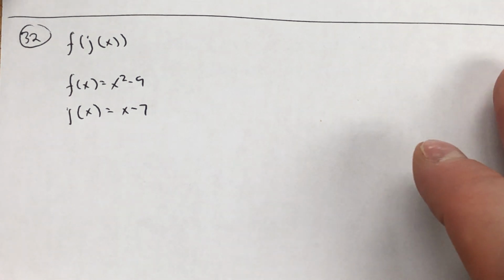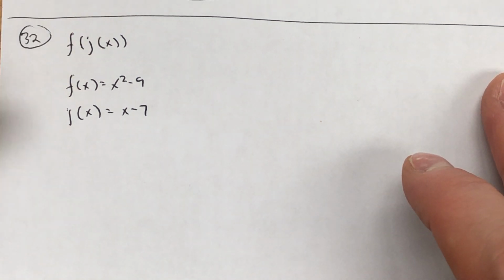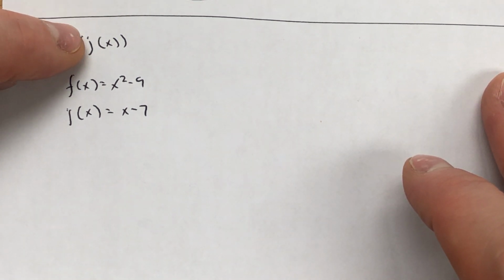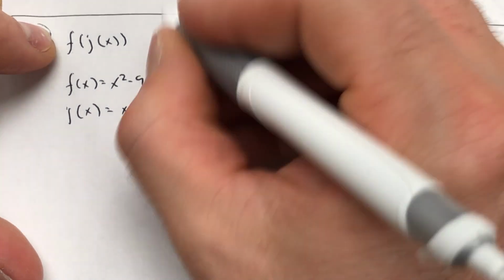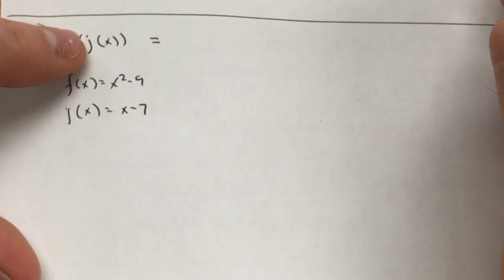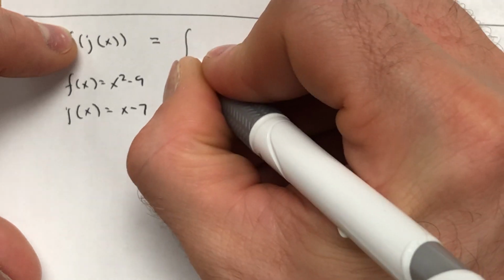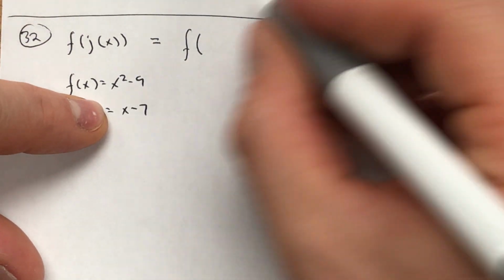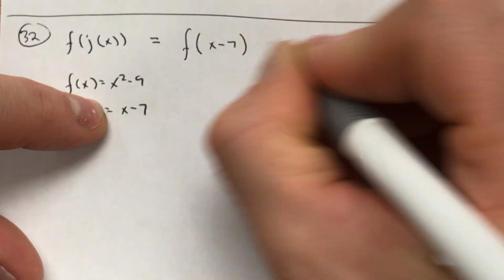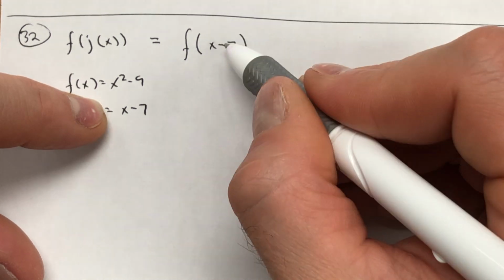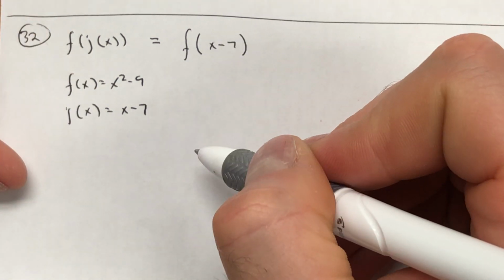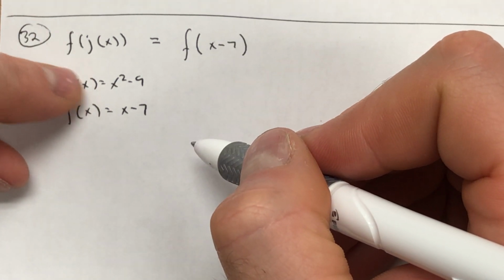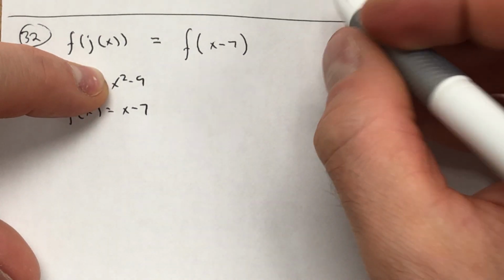Okay. So because I have no value to plug into j, I'm just going to take j and plug it into f. So another way to rewrite this is, well, what is j of x? Well, j of x is x minus 7. Why don't I take that and plug that into f? That's easy. Well, f of x is this.